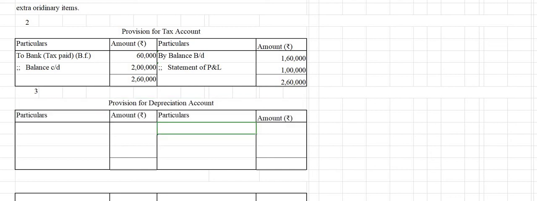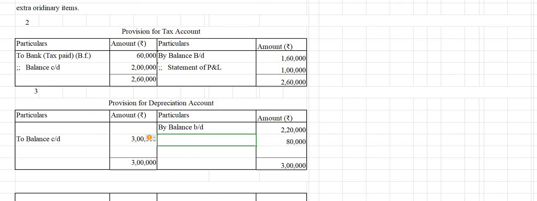If a question comes like this, you can follow the same way. You can write the opening balance of provision for depreciation account, 2,20,000, and the closing balance is 3 lakh. Okay, those two things are written. So we can close that account. 3 lakh will be transferred to credit side. 3 lakh minus 2,20,000, that is the difference, 80,000.